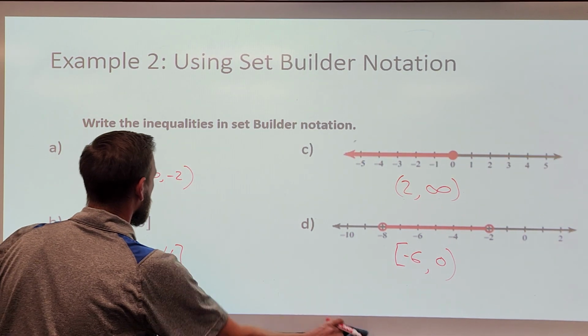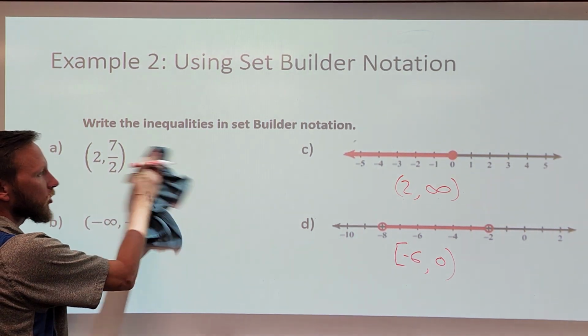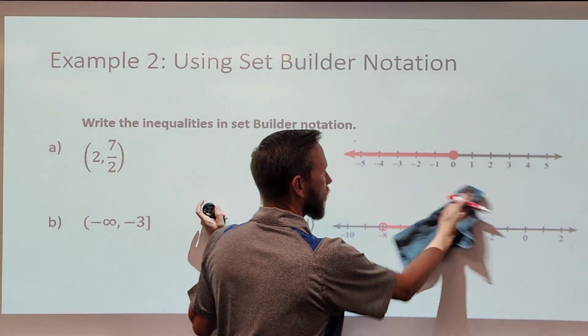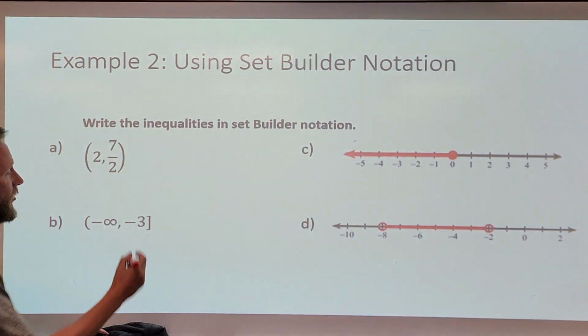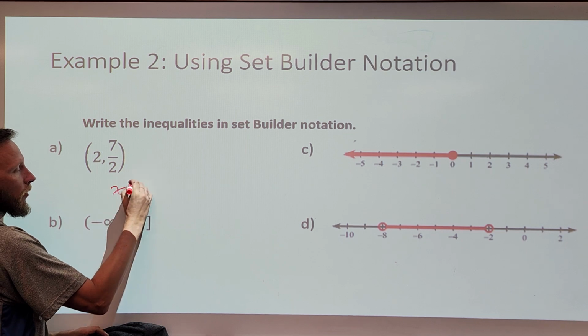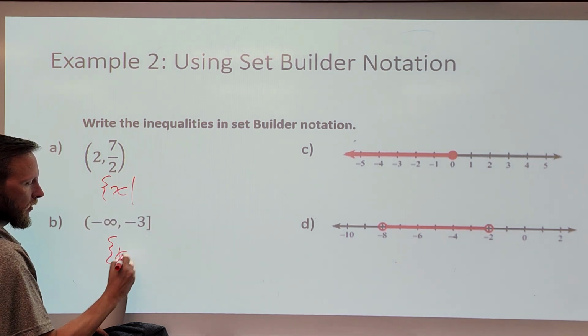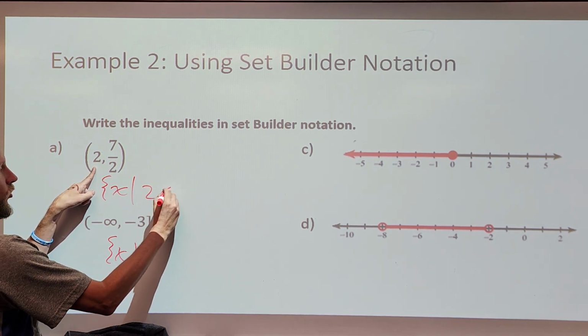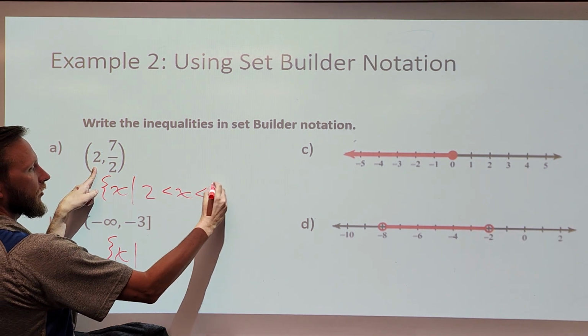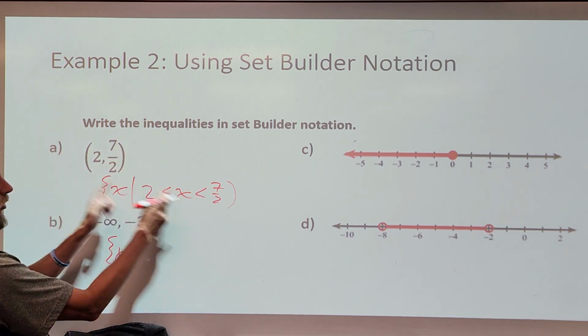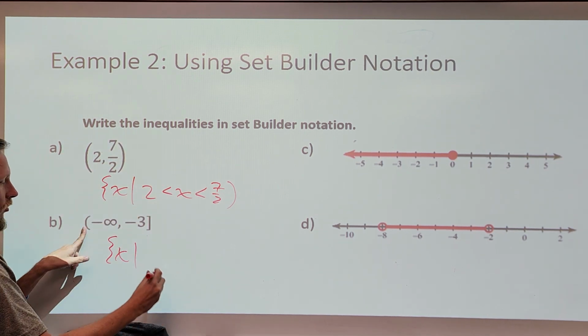When we do example 2 here, we're looking at, again, that set builder notation, and we want to make sure that we're using the inequalities correctly. So here we're going to talk about x such that 2 is less than x is less than 7/2. These are parentheses, so these are less than, not less than or equal to.